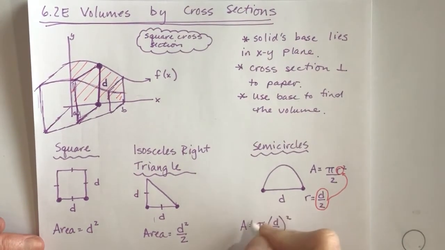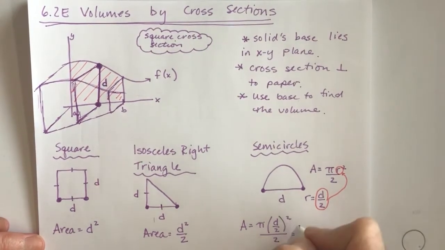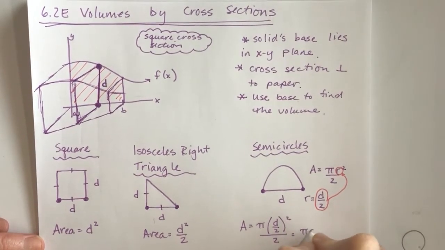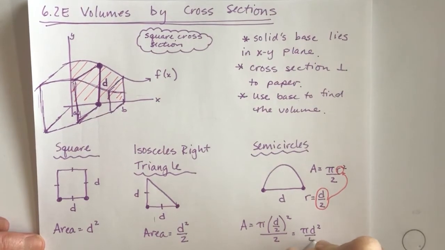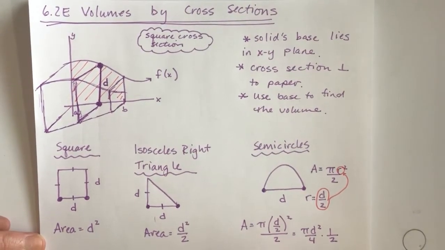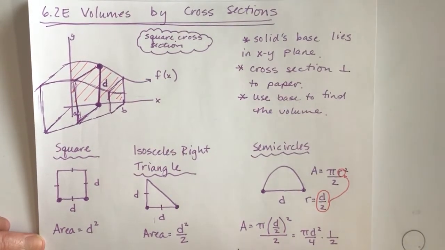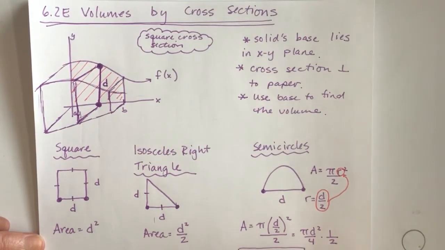And if we simplify this, when you square a fraction, you square the top and the bottom. So this is pi D squared over 4, and dividing by 2 is the same thing as, you got it, multiplying by 1/2. So you'll see the area is equal to pi D squared over 8 for a semicircle.